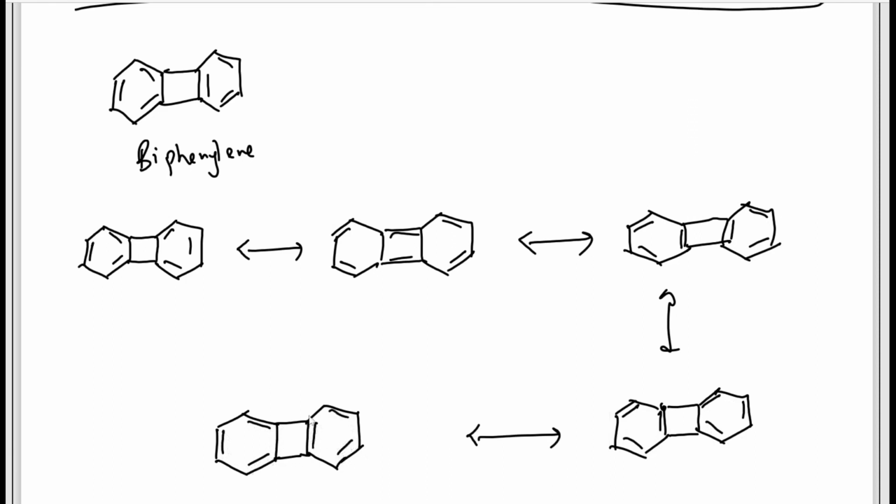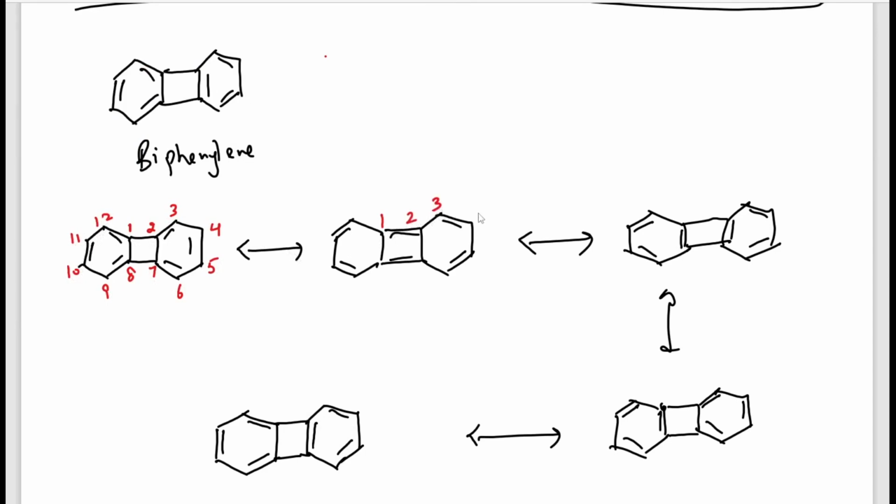Now we will give numbers to the carbon atoms. Numbering will start from this carbon. Here, this is first, second, third, fourth.